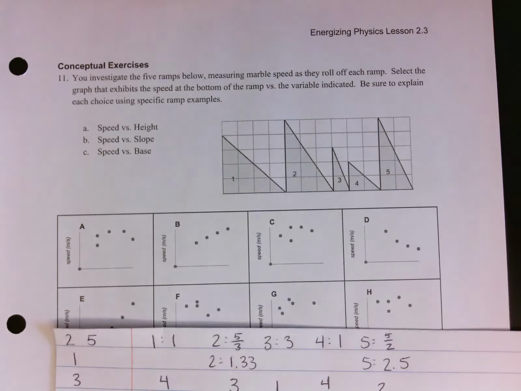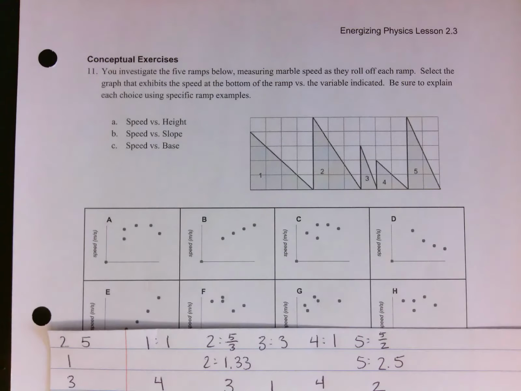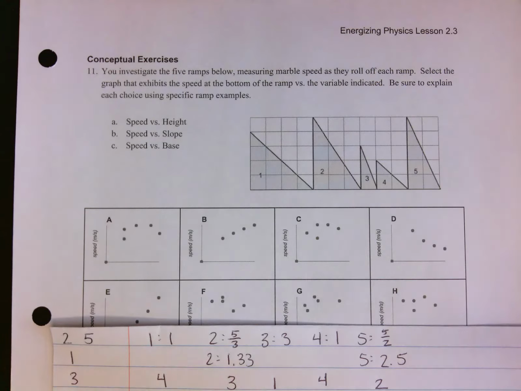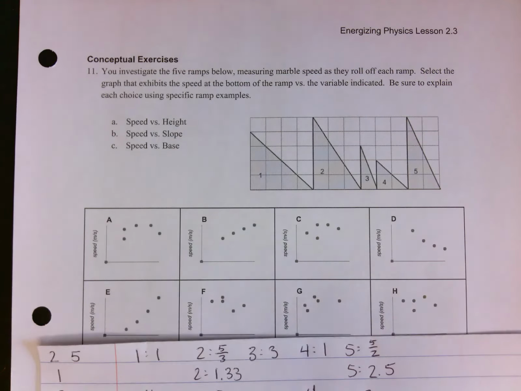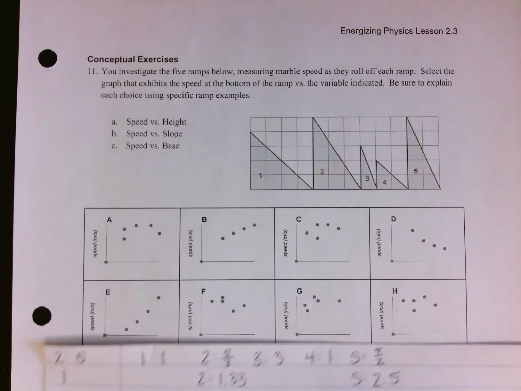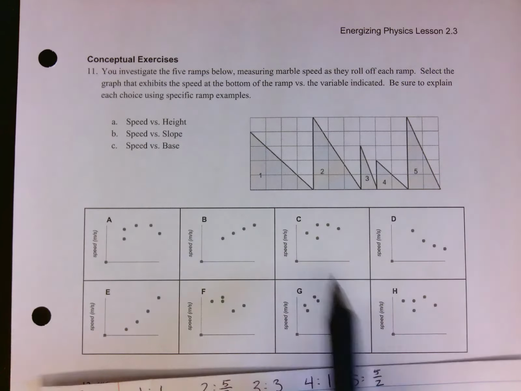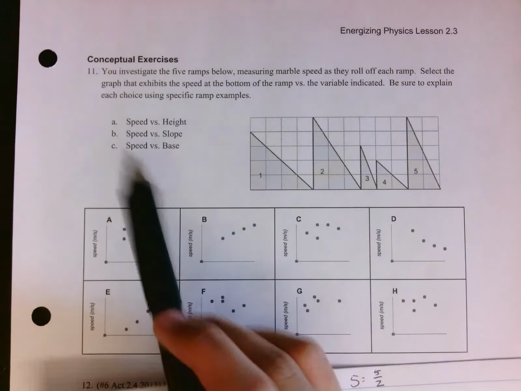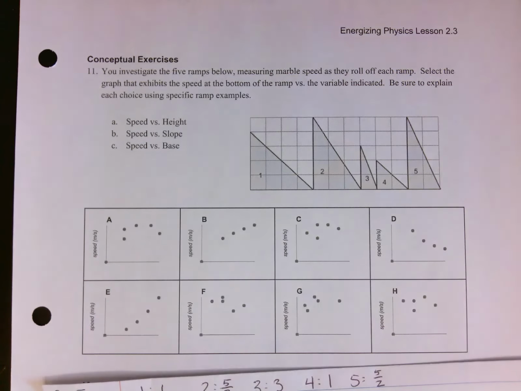So if we see a graph with the leftmost points that have the same slope, then that would be the correct graph, and that would be graph A. So the answer to B is A.